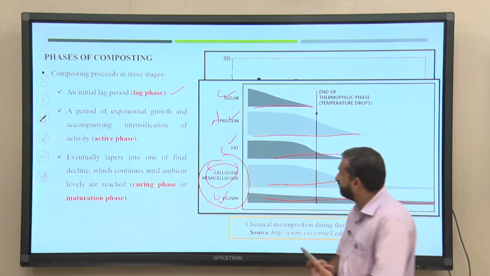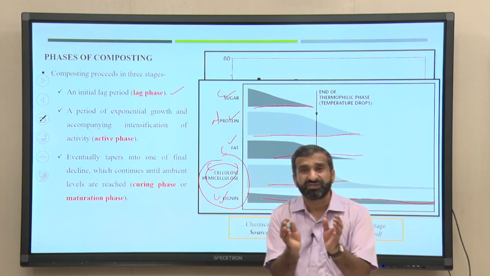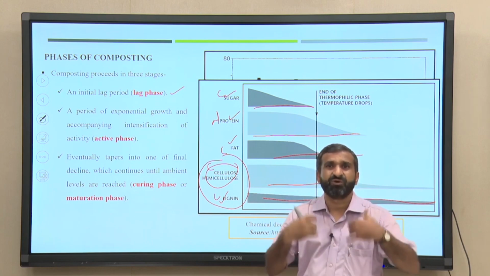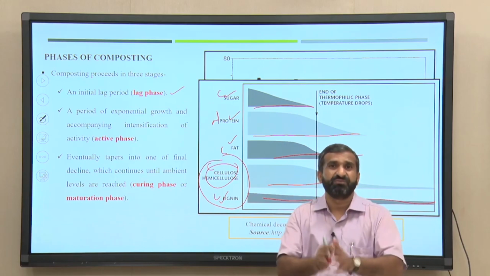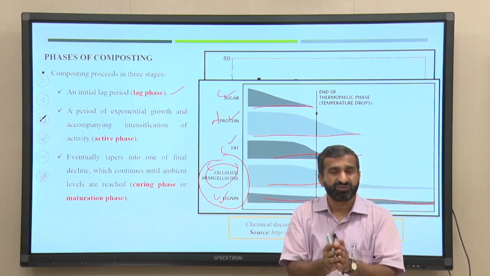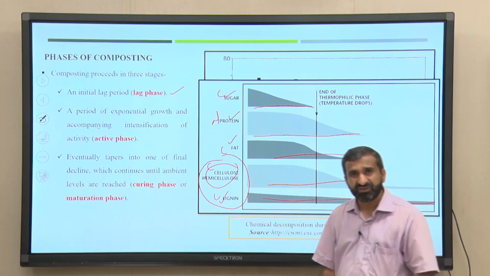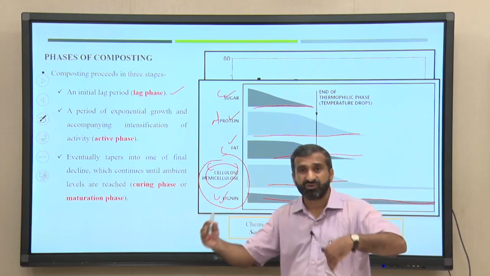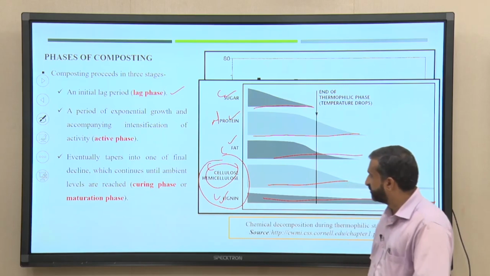But with proper mixing of carbon and nitrogen, proper size, proper moisture content, and proper aeration, it is possible to degrade hemicellulose and lignin also within a small period of 20 or 30 days of the composting process.